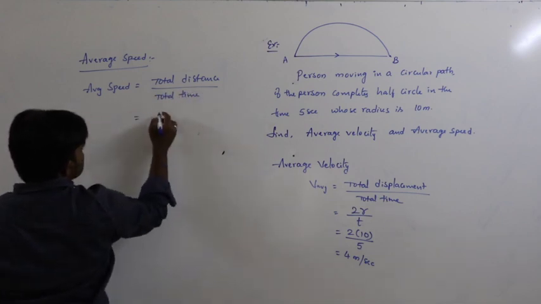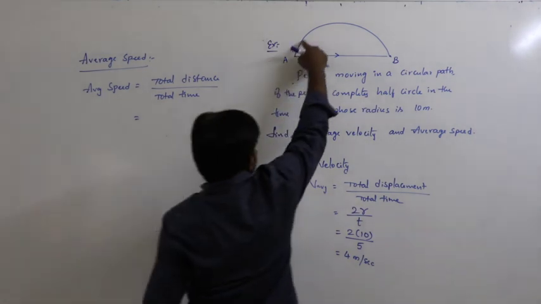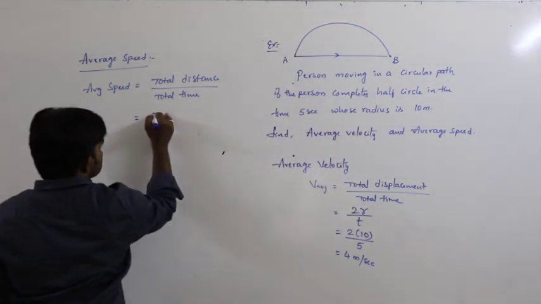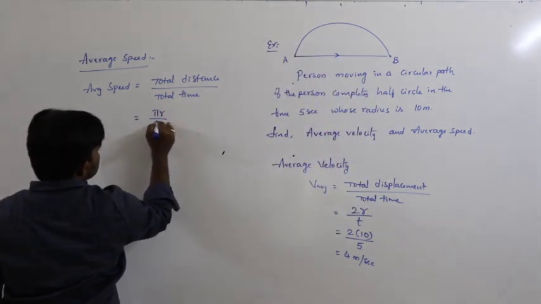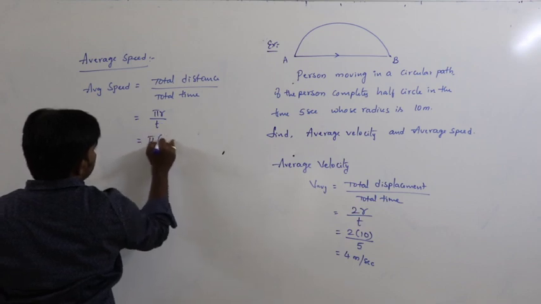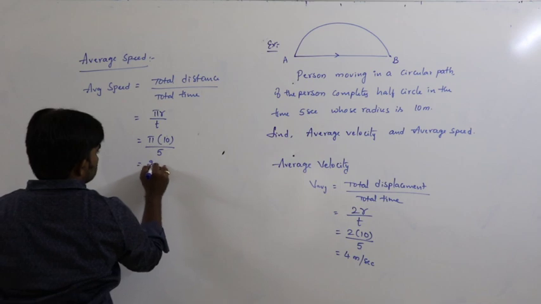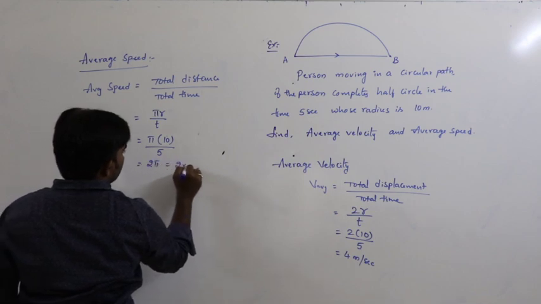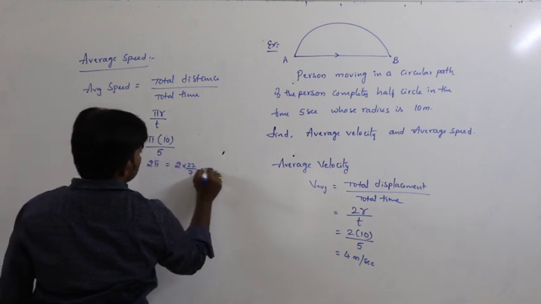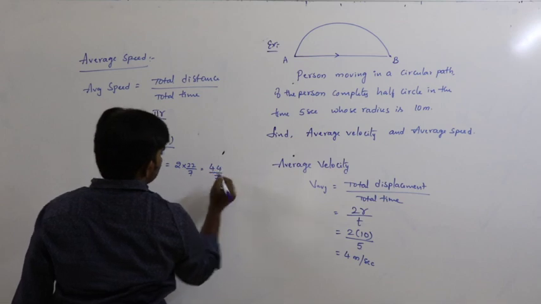The total distance, if the person completes the half circle, is half of the circumference of the circle, so pi r by t. Pi into r, which is 10, divided by time, which is 5, gives 2 pi, and with pi as 22 by 7, that is 44 by 7.